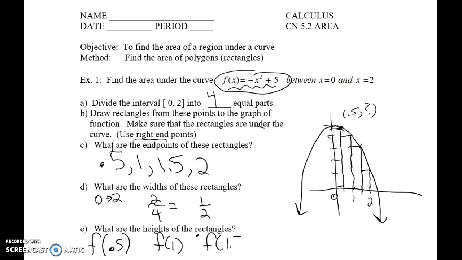The third one will be at 1.5. And the fourth one when the function value is at 2. If I were to plug 2 in, 2 squared is 4, negative 4 plus 5 is 1. So you can see this point would be (2, 1). So the width of this little rectangle in the end is 0.5 and the height is 1. So you can find the area of that little rectangle, and that's what we're going to do here.